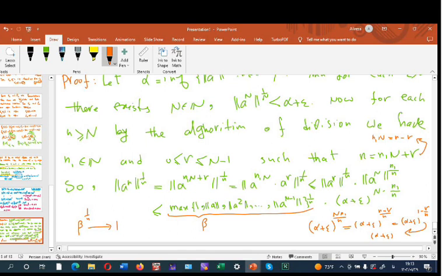So that this is less than or equal to alpha plus epsilon.